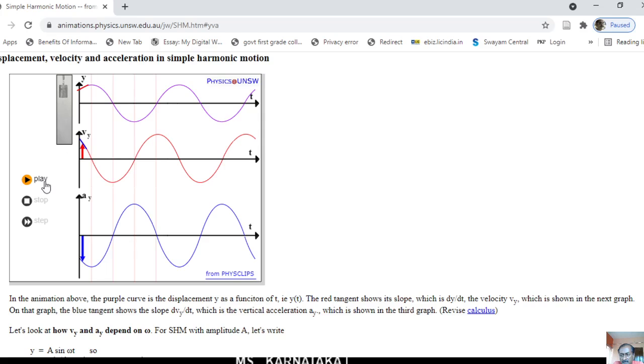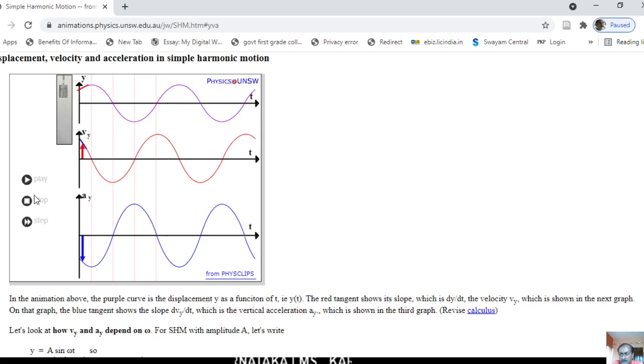Here in the spring mass system, when the mass undergoes oscillation, that means it goes up and down, when it executes simple harmonic motion, then the displacement is like this, the purple curve with respect to time. In the same way, the red tangent shows its slope here.